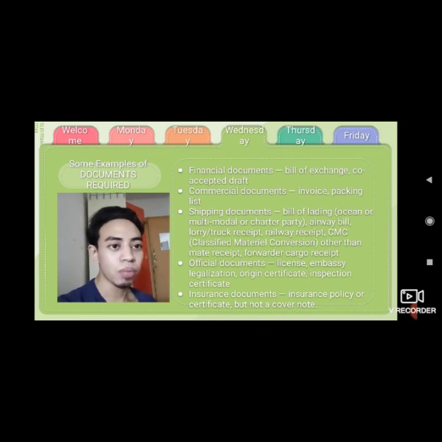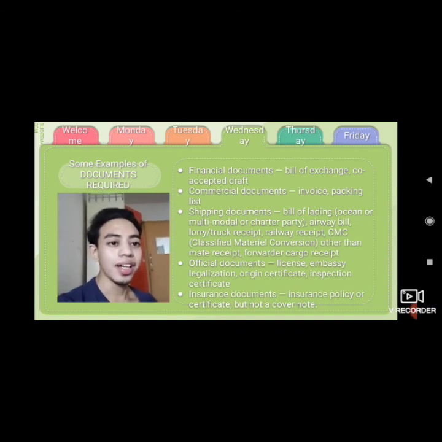Third is shipping documents, such as bill of lading, ocean or multimodal or charter party, airway bill, lorry truck receipt, railway receipt, and CMC, which is classified material conversion. In other words, CMC is a restricted item which has huge safety precautions, and that is called CMC. Other than that, there are mate's receipt, temporary receipt, and forwarder cargo receipt.